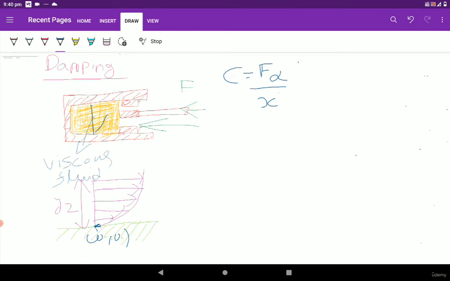So we can infer that its unit is Newton per meter per second, and after further simplifying, we get Newton second per meter.